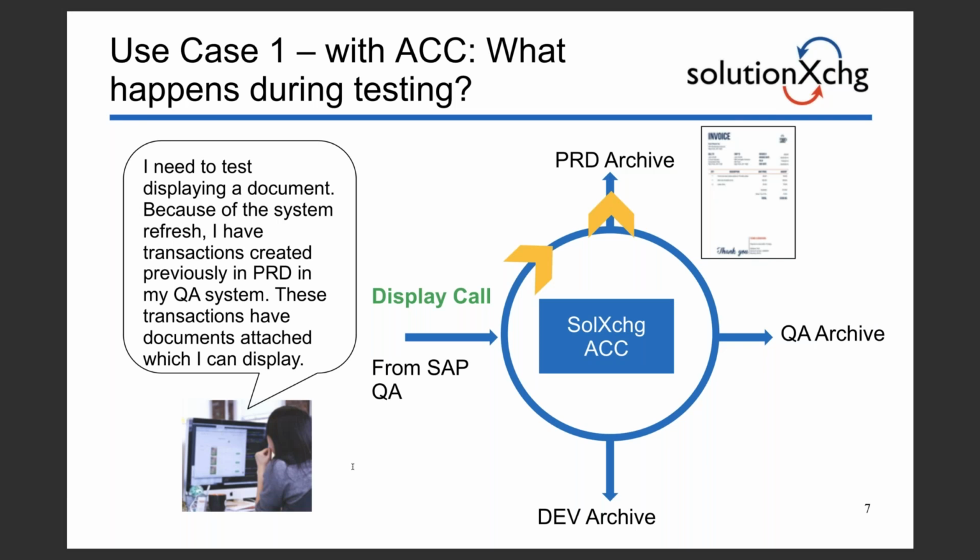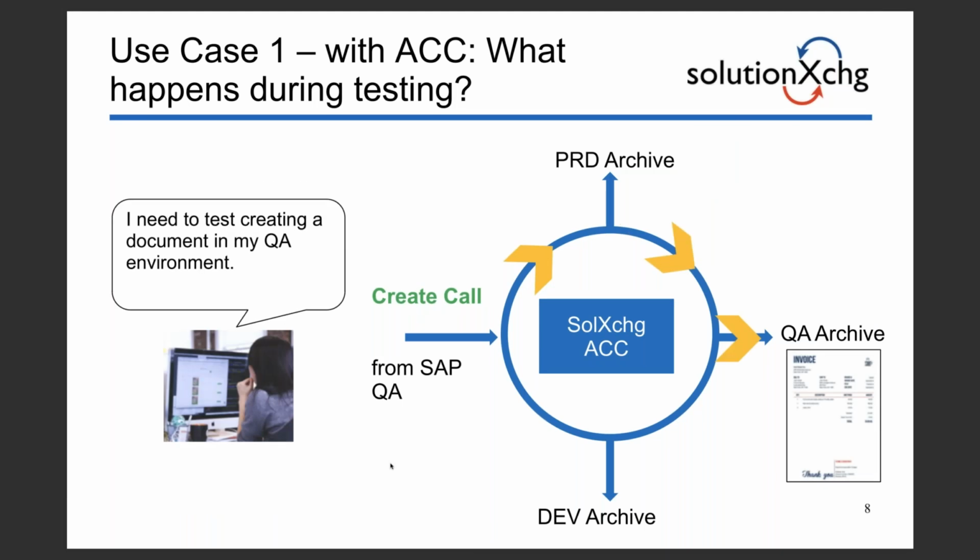Now, if we find the document in the production archive, voila, we'll take the document, retrieve it, and serve it up in a display-only mode. And all the SAP security is kept in place. This call is safe. It can be augmented with an SAP security key. It can use HTTPS. The users are verified. So all the security features that standard ArchiveLink provides will be in place.